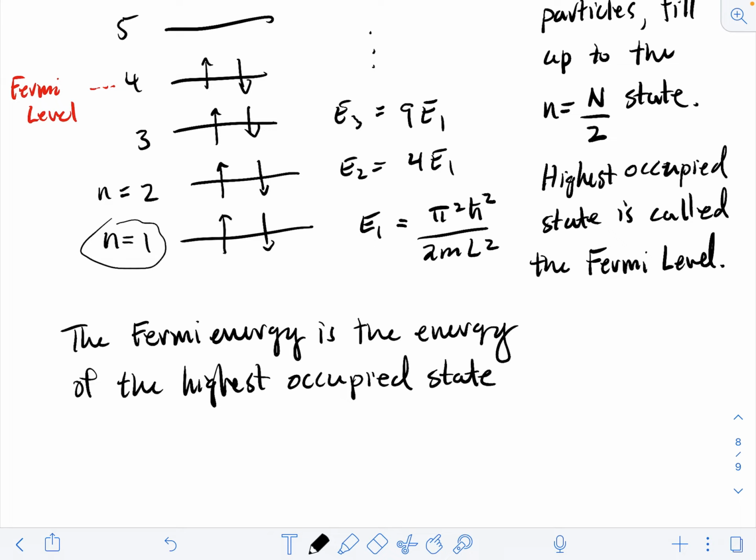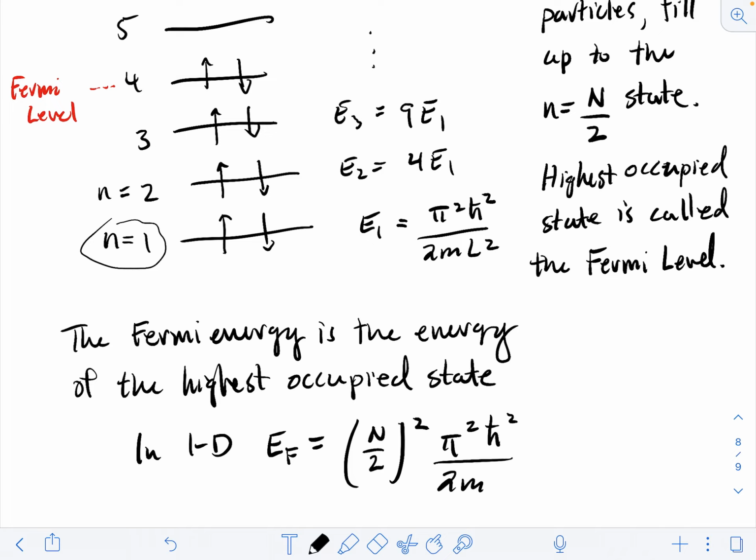So in the case that we've drawn for N equals 8, the Fermi energy would be E4, which would be 16 times E1. So in 1D, the Fermi energy is equal to N over 2 squared, so N over 2 is the highest occupied level, and then we have to square that, and then we get pi squared h bar squared over 2mL squared.